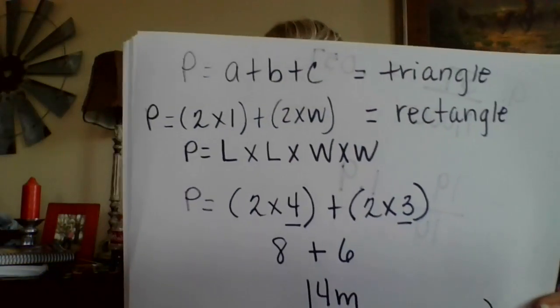P equals 2 times, what's my length? 96 yards. Plus 2 times, what's my width? My width was 49 yards. So I set it up just like that.